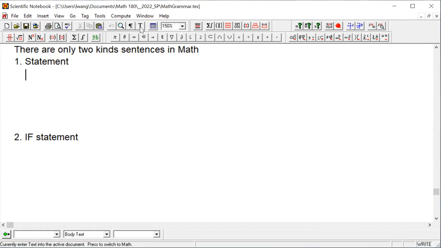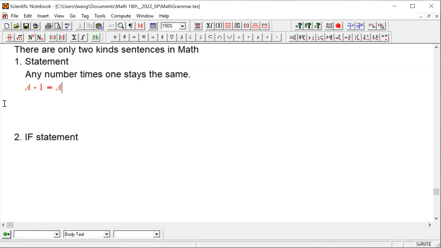In shorthand notation, we have talked about this; this is one of the mathematical principles, actually the first one. Any number, denoted by a notation, multiplied by 1, stays the same. That is a statement.